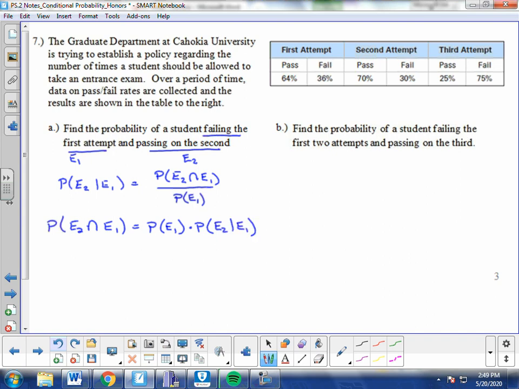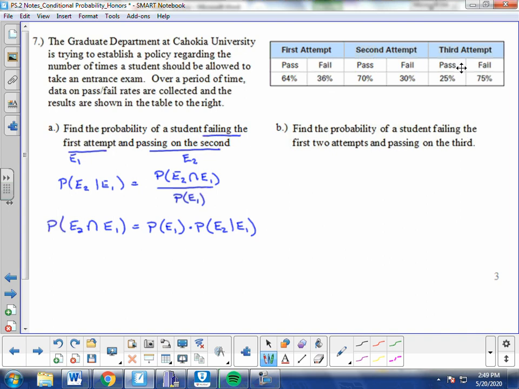The reason this is important in this specific problem is that this table is already accounting for the dependence of the events. We have a first attempt pass-fail rate, a second attempt pass-fail rate, and a third attempt pass-fail rate. What this gives us is the number of students that passed or failed on the second attempt, given that they already failed on the first attempt.